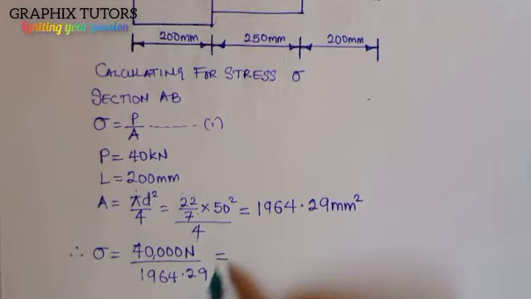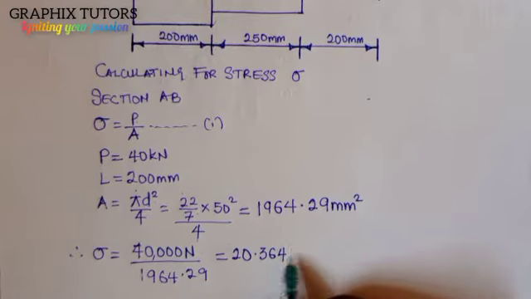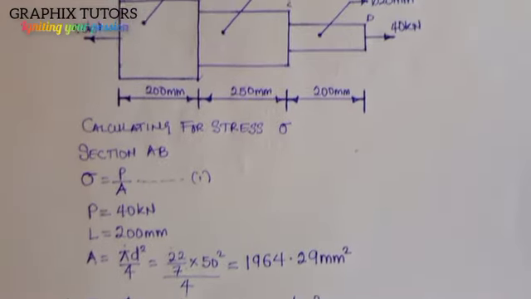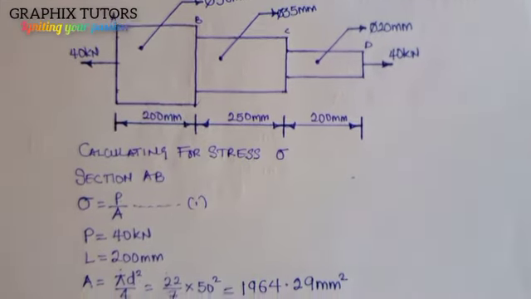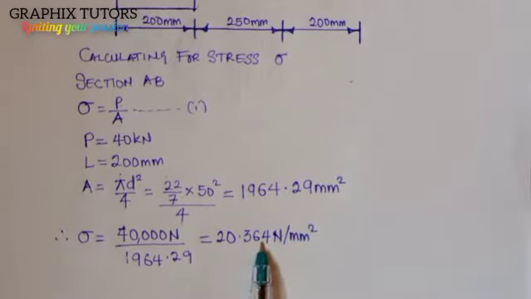If you do this, the stress will be equal to 20.364 Newton per millimeter square, because force is in Newton and the area is in millimeter square. So this is the stress at section AB. At this section, the stress developed by the bar is 20.364 Newton per millimeter square.